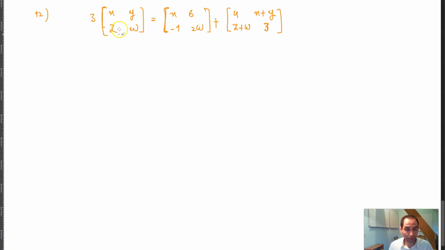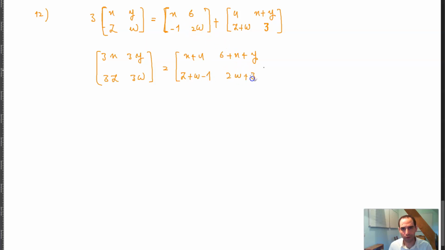Multiplying the 3 by this matrix, you'll get 3x, 3y, 3z, 3w, and adding these two together, you'll get x plus 4, 6 plus x plus y, z plus w minus 1, and 2w plus 3.